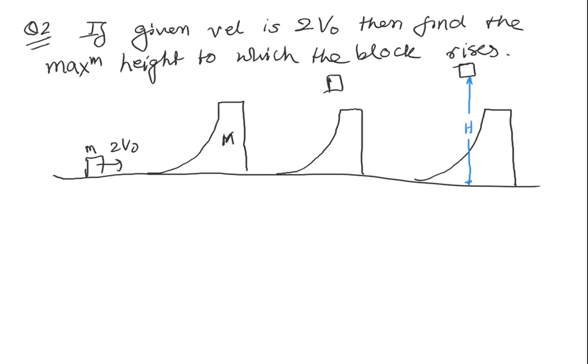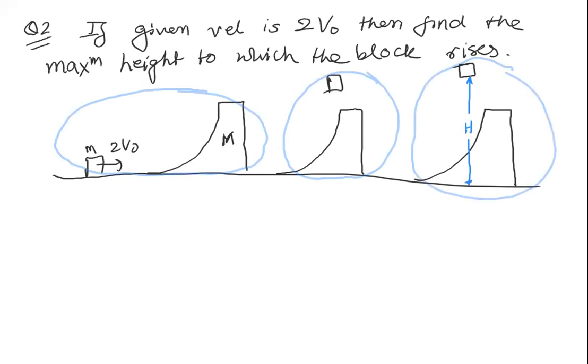So continuing with the concept of multi-particle systems, I will choose this as the system. Therefore, this is the evolution of the system. This is how the configuration of the system is changing, evolving with time, right?